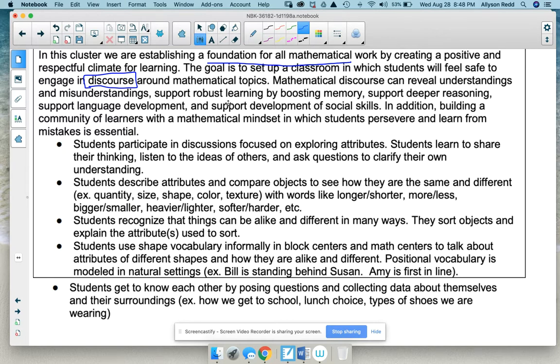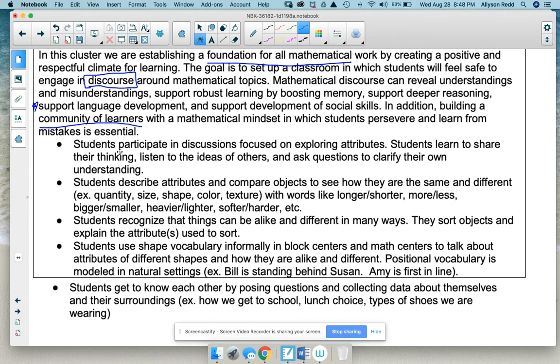This discourse supports robust learning. This right here is super, uber important. Developing and supporting their language development. Also their social skills. Guys, these kids are their best resource. They will learn so much from one another. So building this community of learners is super important.